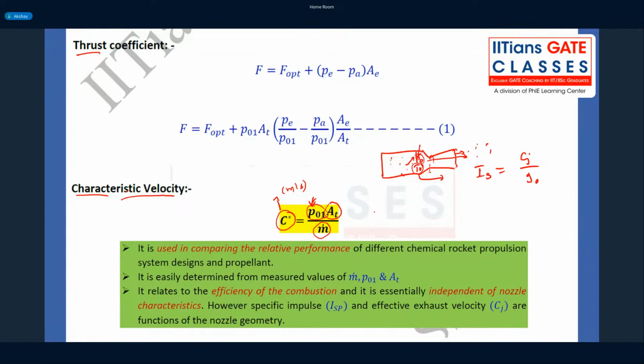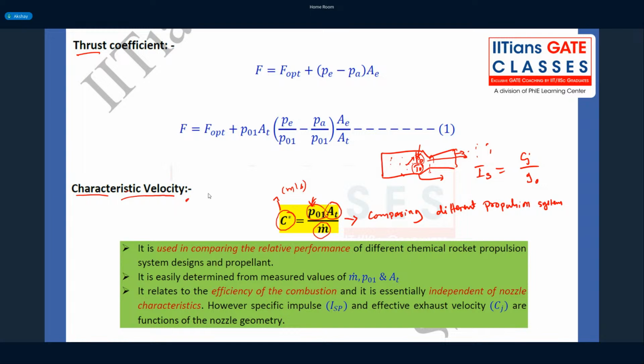So it gives a comparative measurement among different propulsion systems. It may be a solid, liquid or hybrid propulsion system, it doesn't care. It is just a defined quantity, and it helps you in comparing different propulsion units, right? It has the unit of a velocity, that is why we refer to it as the characteristic velocity.